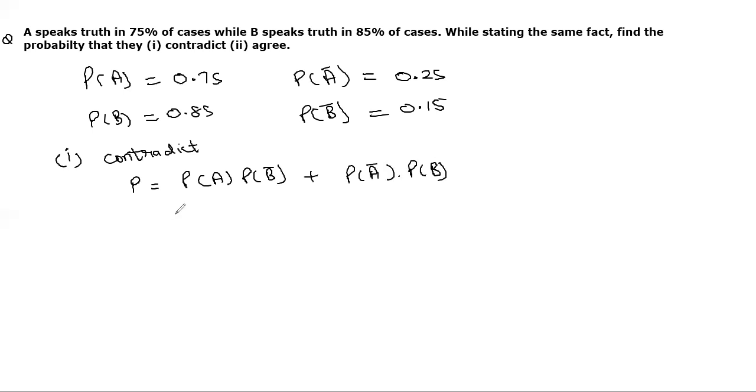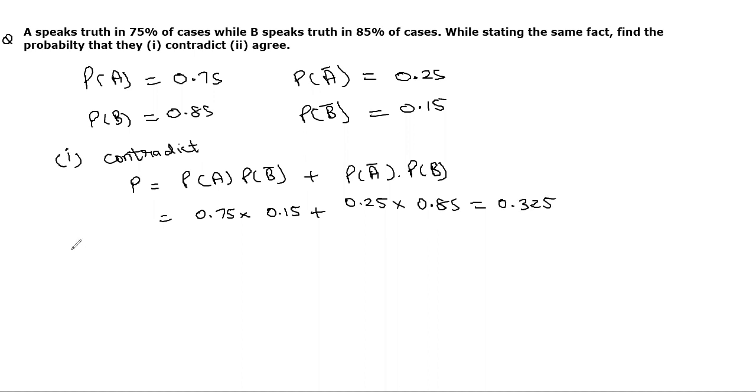This product will give us the answer: P of A is 0.75, P of not B is 0.15, plus P of not A is 0.25 into P of B is 0.85. It comes out to be 0.325.